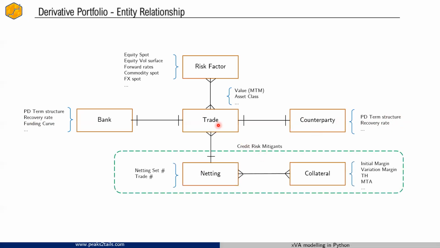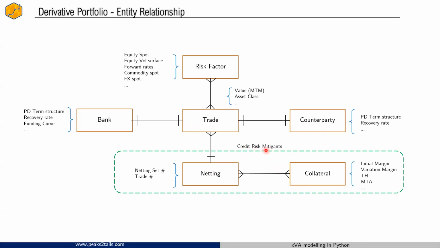Then, to reduce the counterparty credit risk, we have different types of credit risk mitigants. Credit risk mitigants help us to reduce the risk. There are two main types of CRMs. Okay, when we say CRM, don't confuse it with customer relationship management, because that happens for the first time.